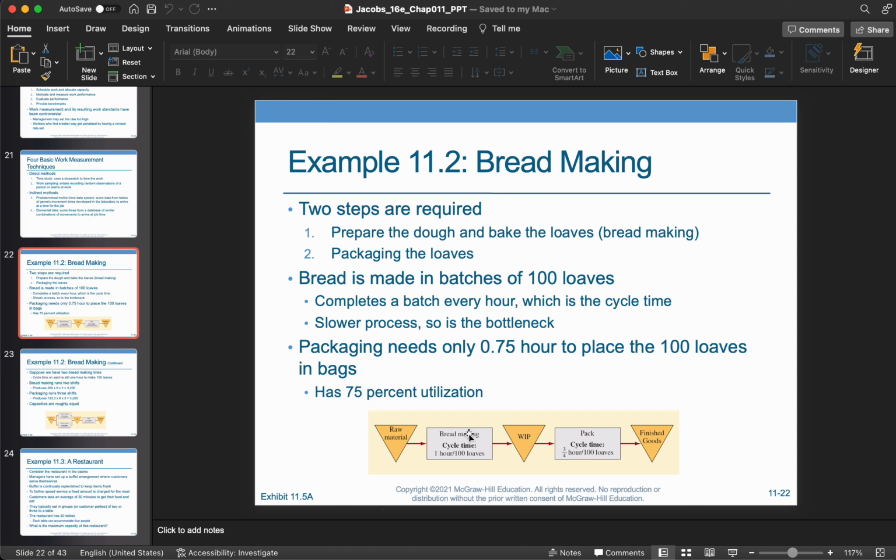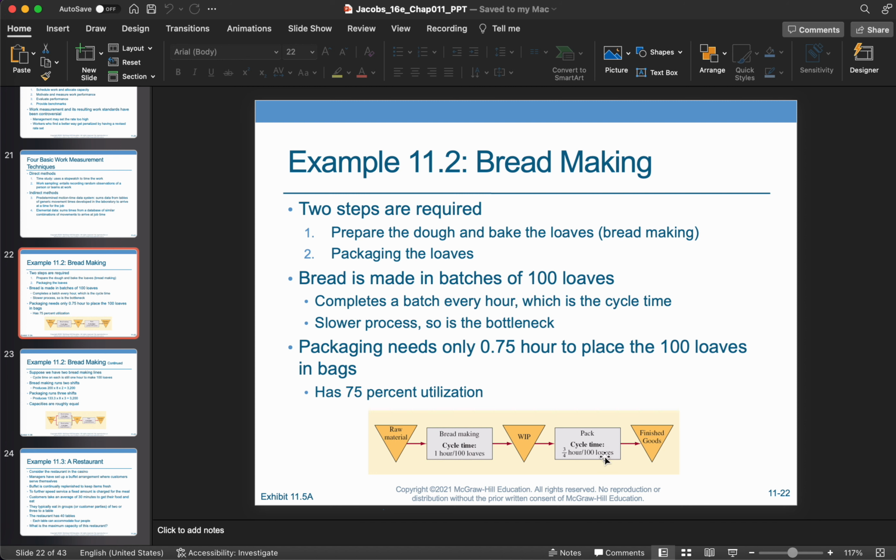The bottleneck is the part of the process that is the slowest, and that is the one that usually tells you the capacity of your process. The capacity of this process per hour is 100 loaves. So you can make 100 loaves in an hour, even though you can technically package more.